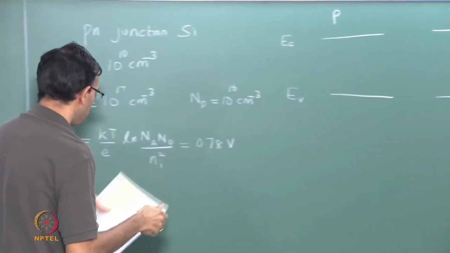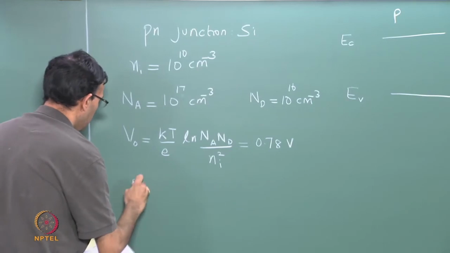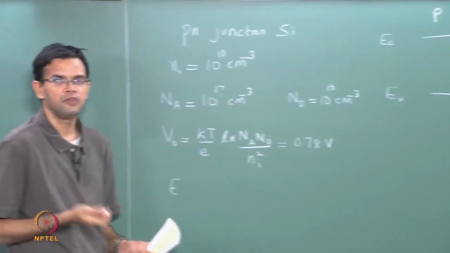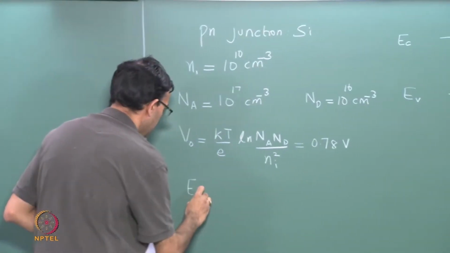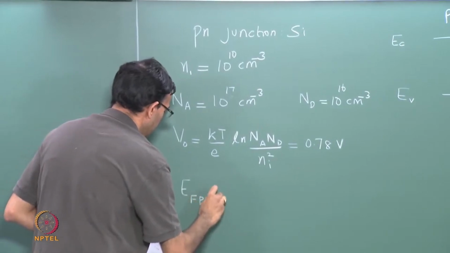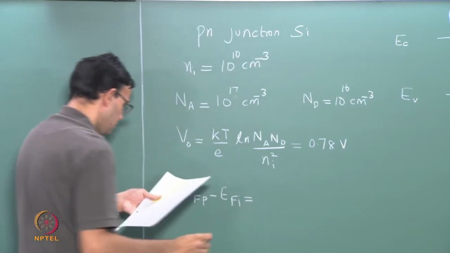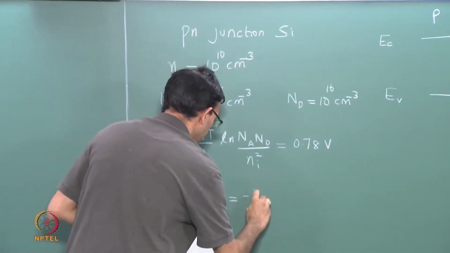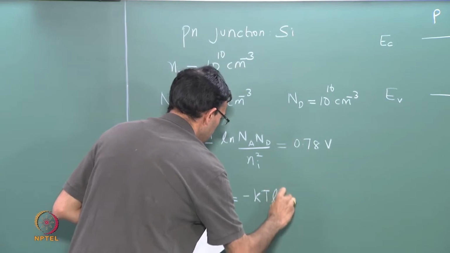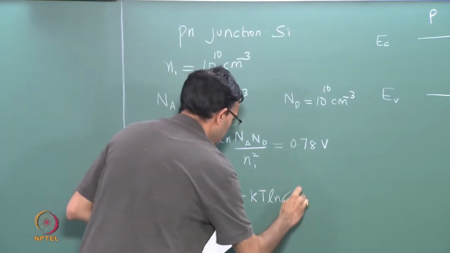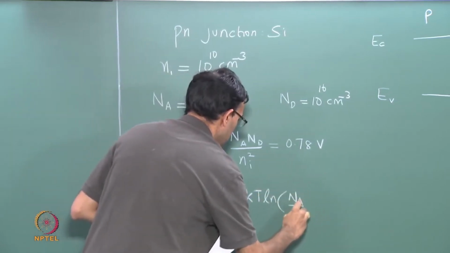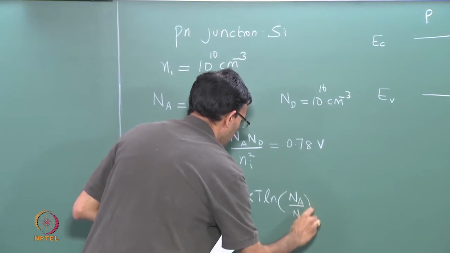To calculate the position of the Fermi level, we go back to the formula that we used in the case of extrinsic semiconductors. So EFP minus EFI is minus KT ln of Na over Ni.